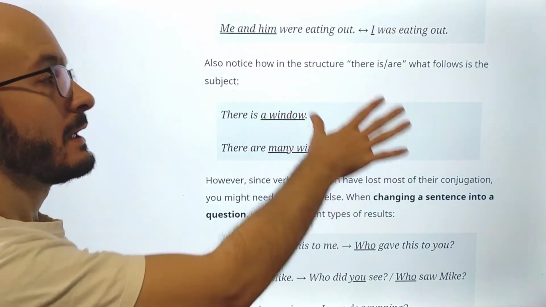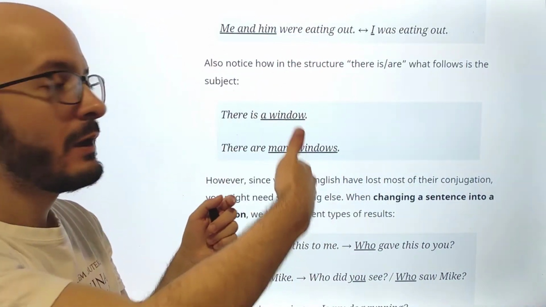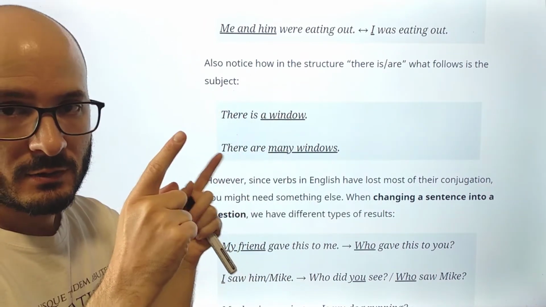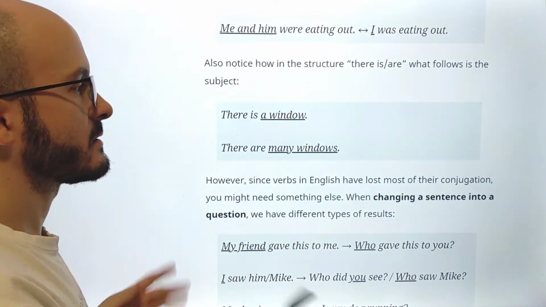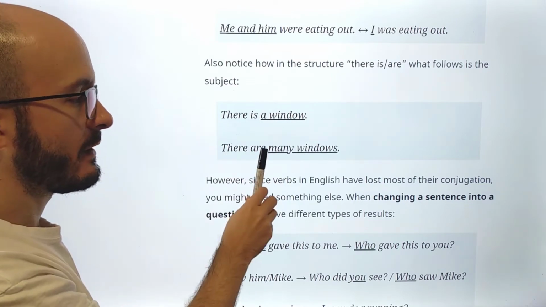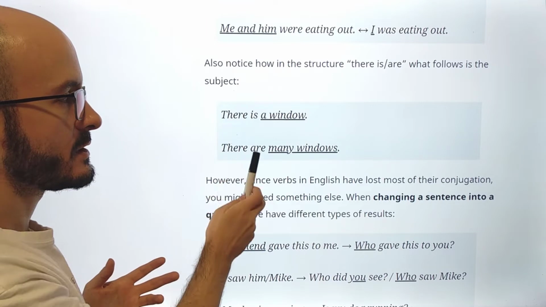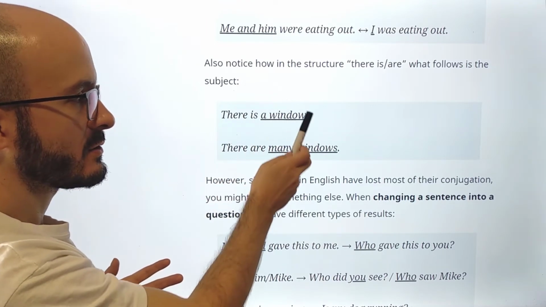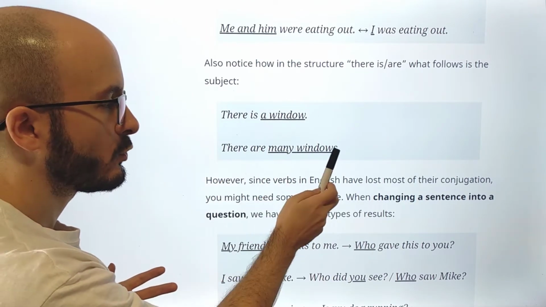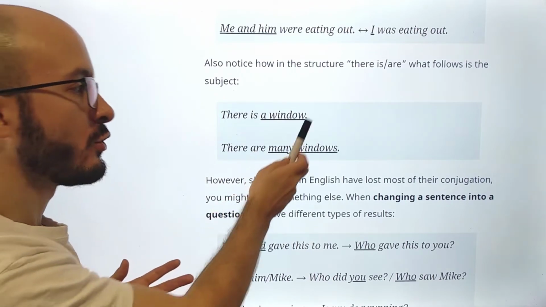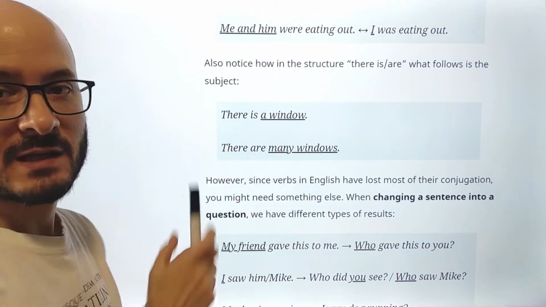And here is another example when the subject is not the first phrase of the sentence. There is a window. There are many windows. So we see is, are, it changes because this changes. This is singular, so this is singular. This is plural, so this is plural. Okay? So this is the subject.